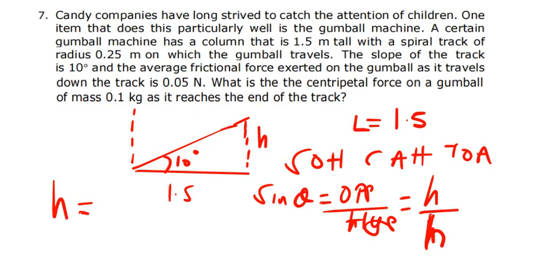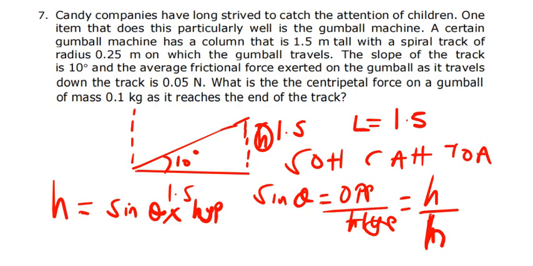The height we've been given is 1.5, so the total height is going to be sine theta multiplied by the hypotenuse.